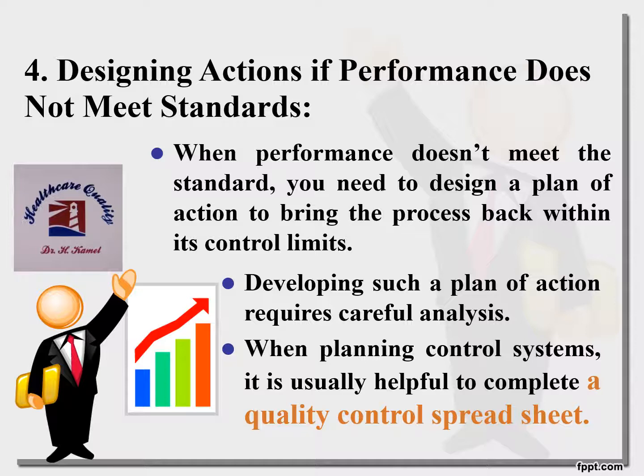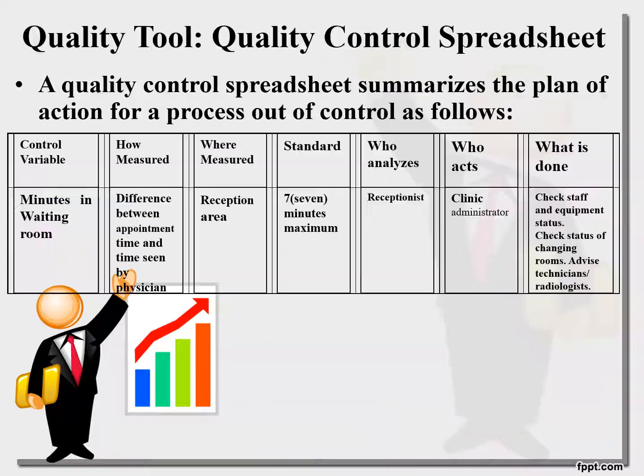When planning control systems, it's usually helpful to complete a quality control spreadsheet. This shows an example of a quality control spreadsheet in which the control variable is minutes in waiting time. How measured? Difference between appointment time and time seen by the physician.